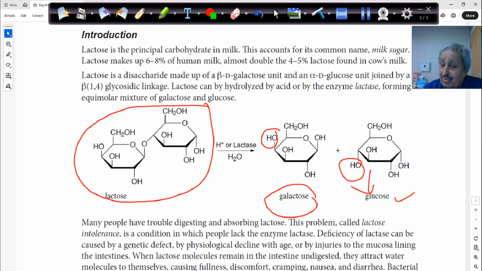Are you following me here? Very, very small difference between them, which is the OH at this position. So they have very similar chemical reaction and physical properties. However, the OH on carbon 4 being up is galactose, down is glucose.